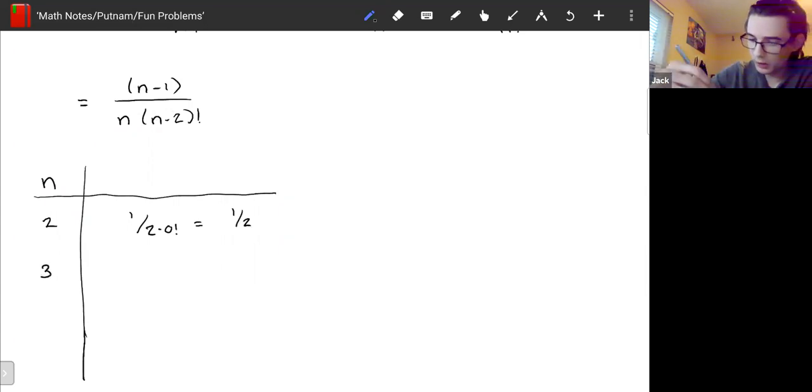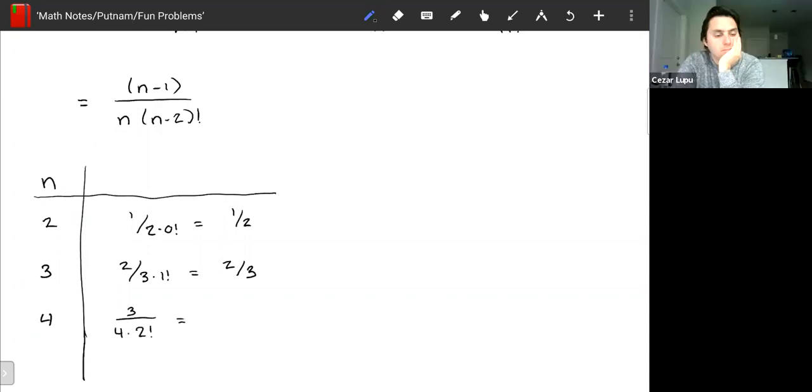N equals 3, that's going to be 2 over 3 times 1 factorial, so that's 2/3. N equals 4. Let's see, we get 3 over 4 times 2 factorial, and that'll come out to be 3/8.